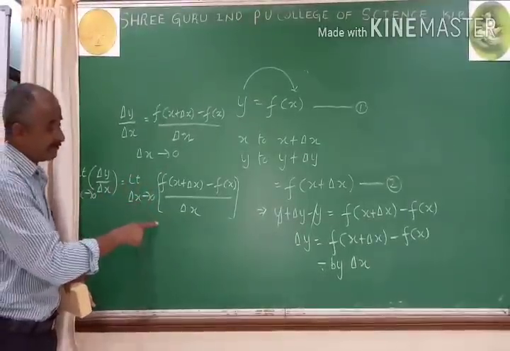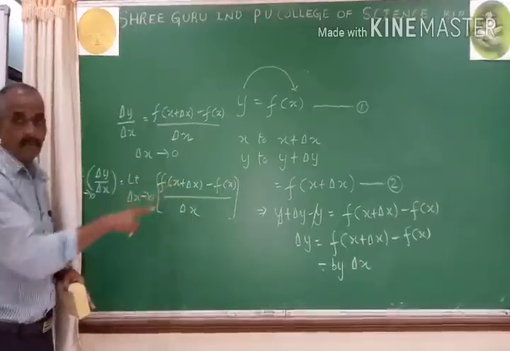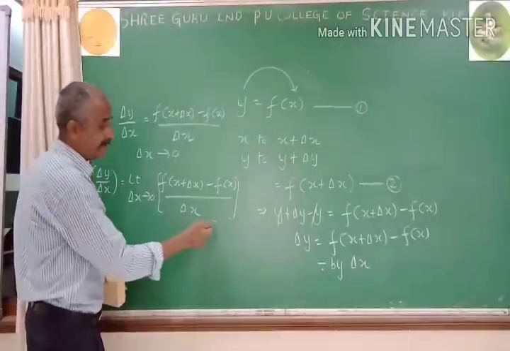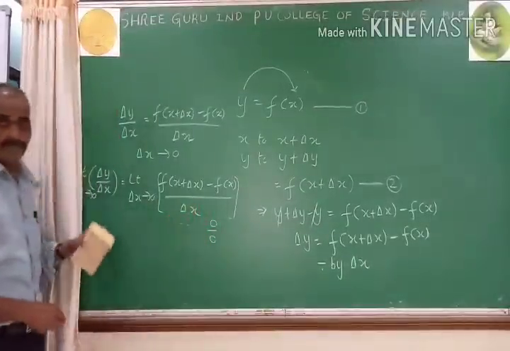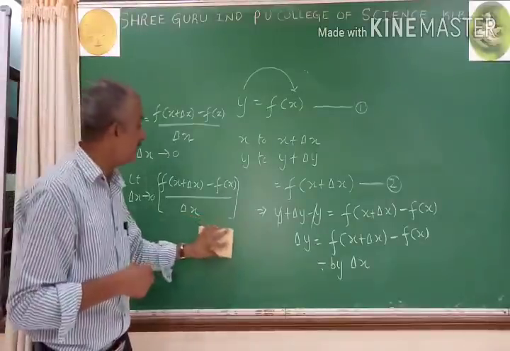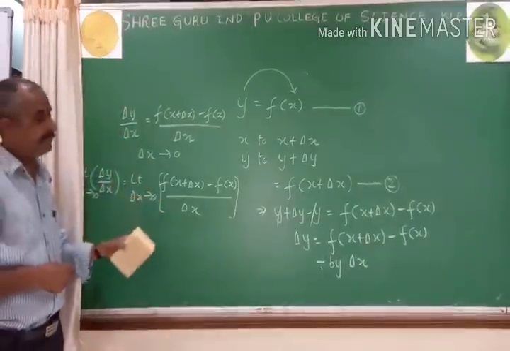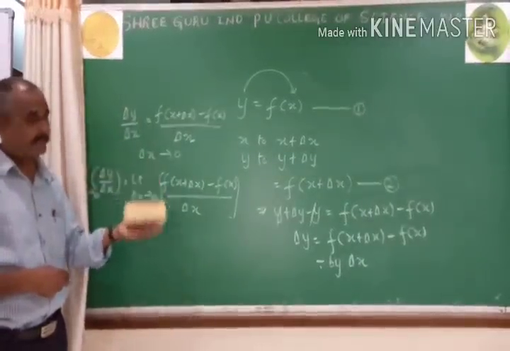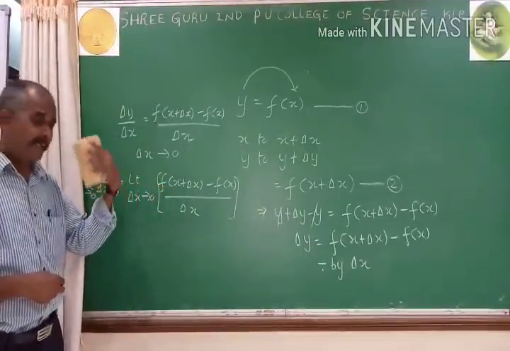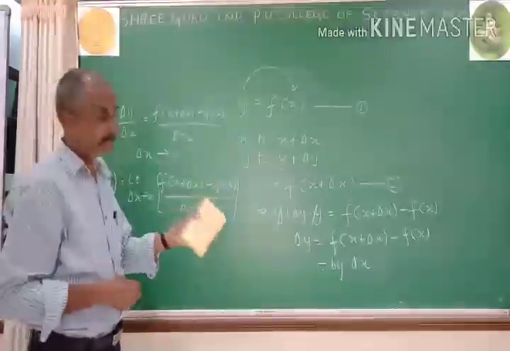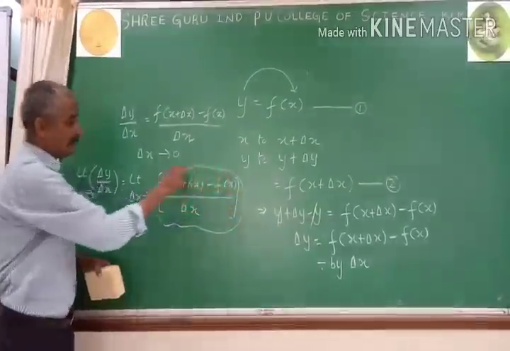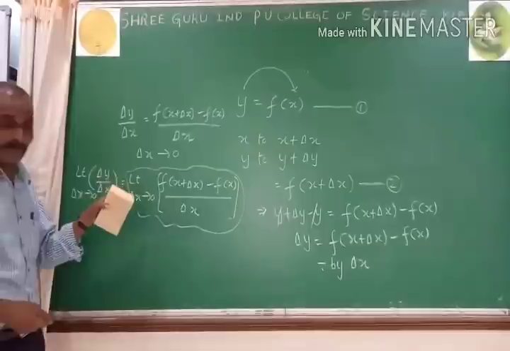Right now the same thing is happening. When we replace delta x by 0, the numerator and denominator both become 0 and 0. That means this expression tends to 0 by 0 form, which is an invalid value. However, using PUC first year methods, it may be the method of substitution, rationalization, trigonometrical formulas, or any other methods, if we are able to calculate this limit, if this value exists.